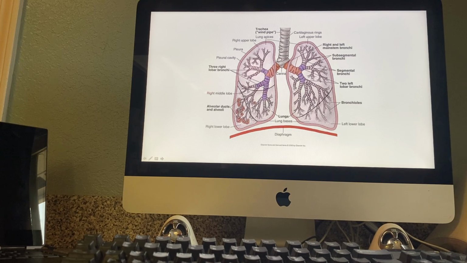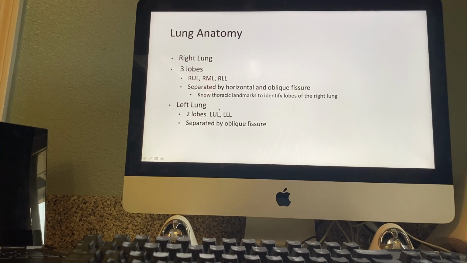It looks like the right lower lobe is really small, but it's only because this right middle lobe comes anteriorly and the right lower lobe is posteriorly, so it kind of comes over the front of it. And we'll see on the next couple of slides that the right lower lobe is actually not as small as it looks from the anterior chest. It's just how much of it is viewed by the anterior chest.